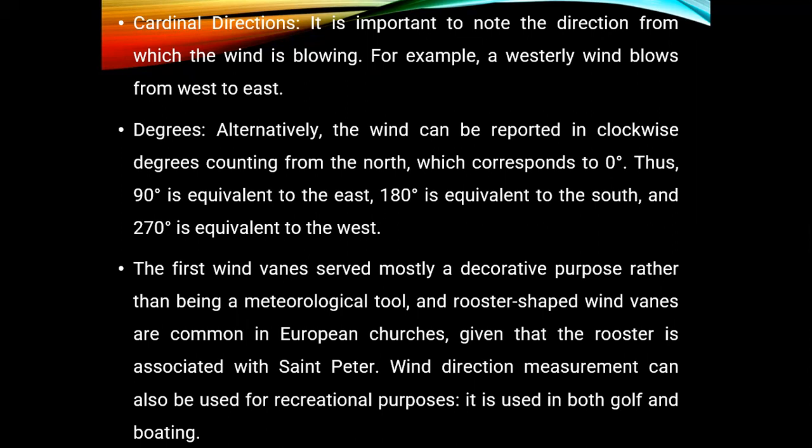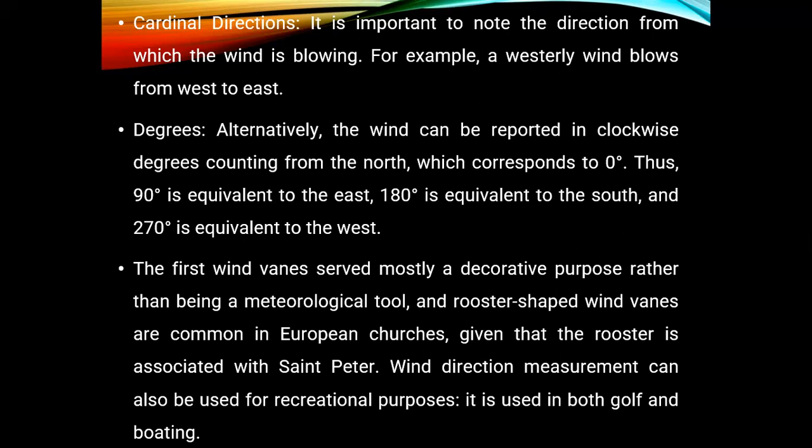Alternatively, the wind can be reported in clockwise degrees counting from the north, which corresponds to 0 or 360. Thus, 90 degrees is equivalent to the east, 180 degrees is equivalent to the south, and 270 is equivalent to the west, whereas 360 or 0 is equivalent to the north.